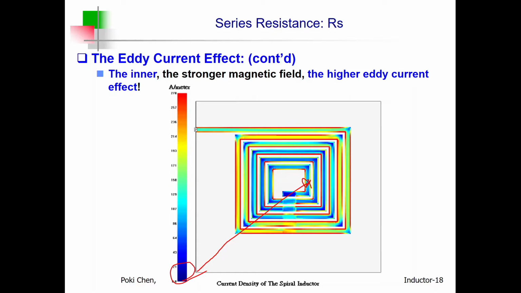You can neglect it. So again, the cross-sectional area for current conduction is actually reduced very much, and it means RS increases very much for inner coils. Keep this in mind. It is a big problem for you guys.